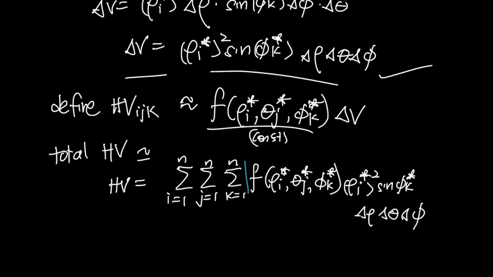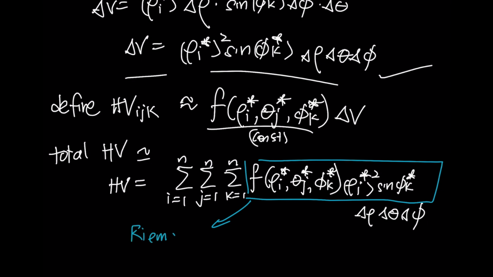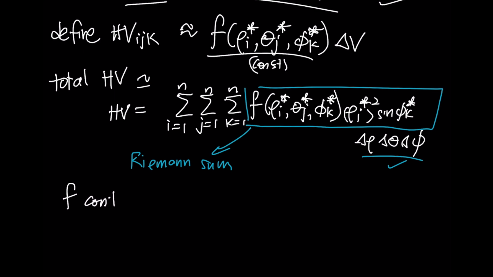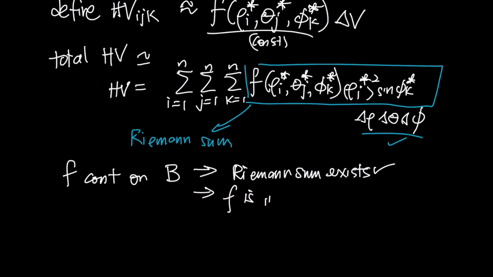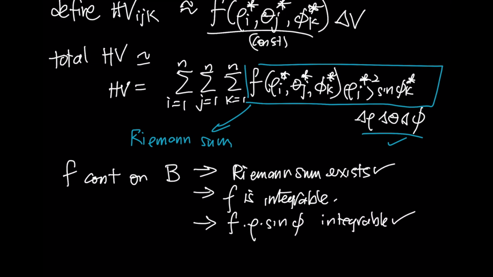As before, this triple sum ends up being a Riemann sum for this function in the blue box. We're going to make an assumption that if f is continuous on our full box B here, this Riemann sum will exist. And if this Riemann sum exists, that means that this function f is integrable, and at the same time, looking ahead, it will mean that this function f times ρ squared times sine φ is also integrable, because those two are continuous functions.